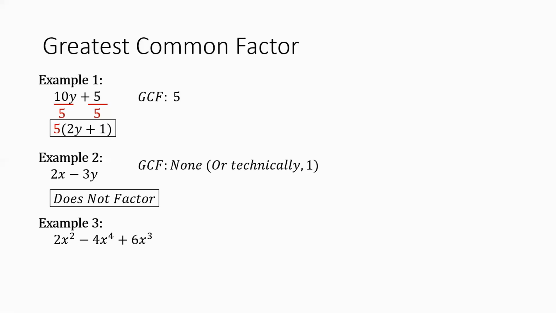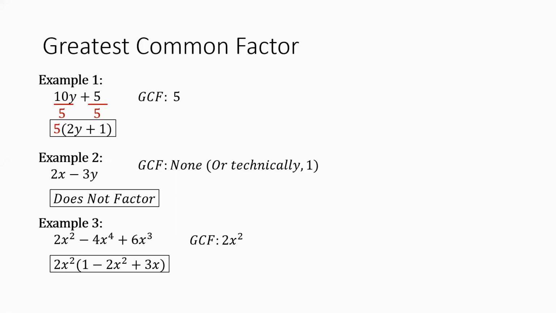That's the process when you're doing greatest common factors. You start looking at the numbers, and then you look at each individual variable one by one and pick the smallest power that matches in all of them. And if that variable isn't in every single term, then you just don't include it in your GCF. So in this case, our GCF is 2x squared.